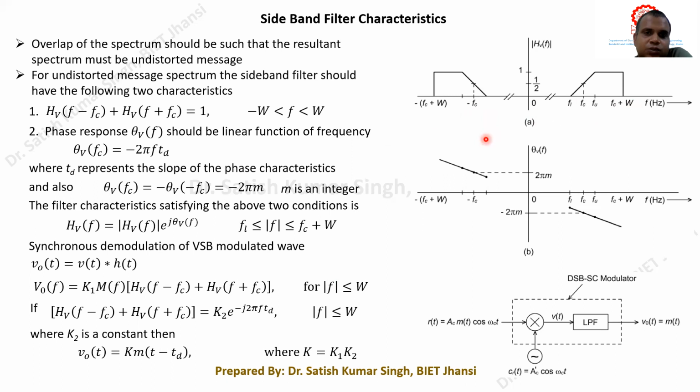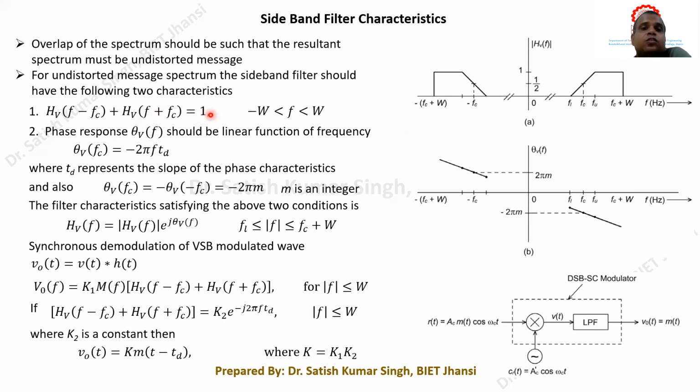So what are the conditions? The first condition is that if we want an undistorted output at the demodulator end, our filter characteristics should be something like this. Suppose the filter characteristics are denoted by H_v. If H_v(f - fc) is right shifted, and H_v(f + fc) is left shifted, then the addition of these two should be a rectangular low pass filter.